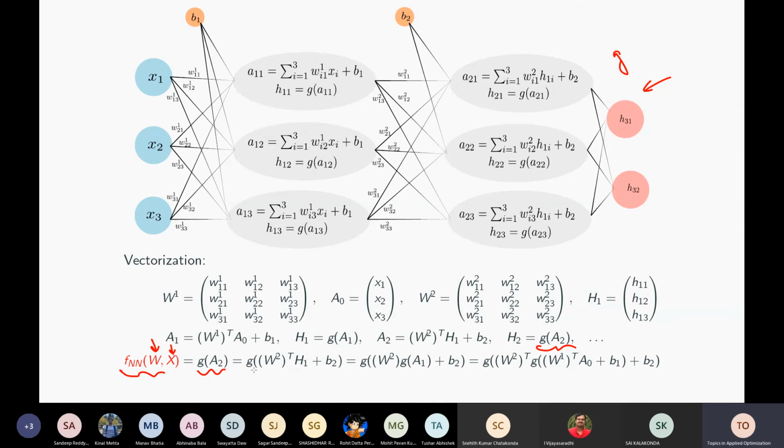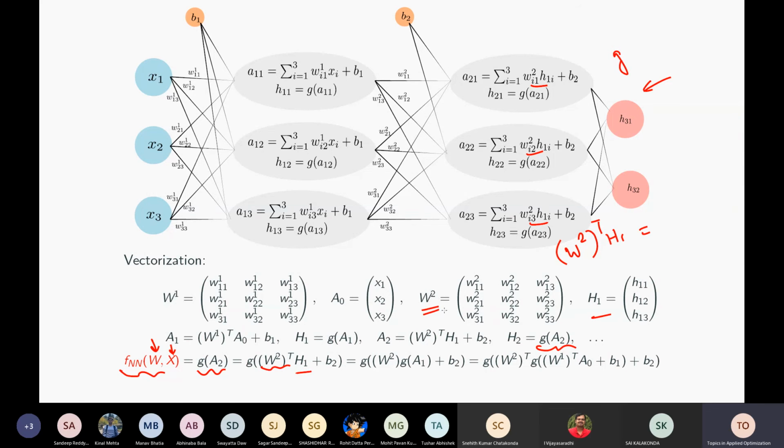So this will be g of W2 transpose H1. Let us see this W2 transpose and H1.